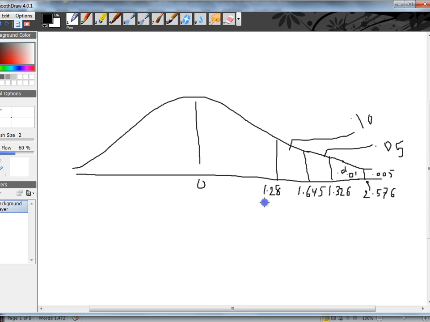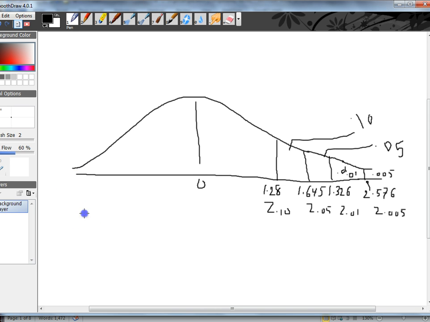So we call this one Z 0.10, this number is Z 0.05, this is Z 0.01, and this is Z 0.005. These are the values, and we can have the same values on this side, but with negative values by symmetry.